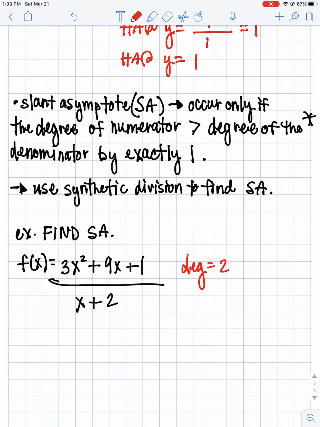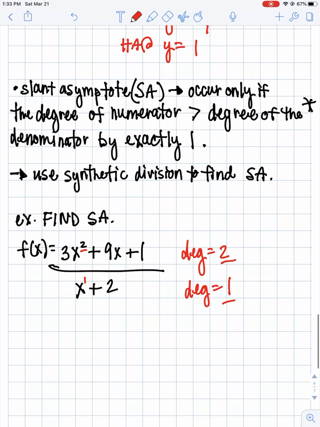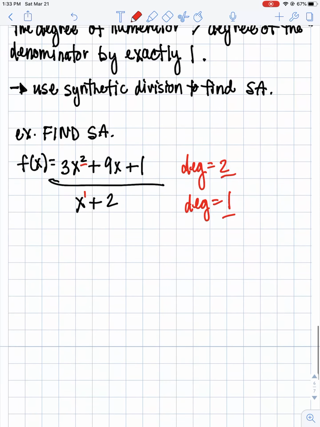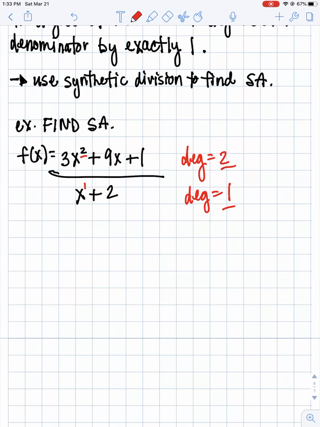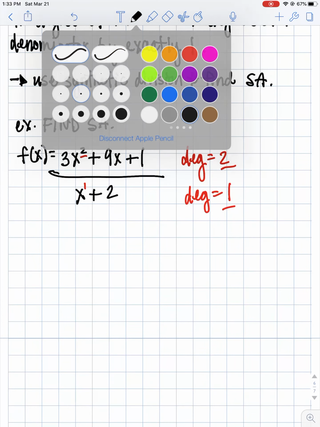So let's talk about the degree. The degree of the numerator is 2. The highest exponent is 2. The degree of the denominator is 1, because there's an imaginary 1 with that x. Okay, so yep, I'm bigger on top than I am on bottom by exactly 1, which means there is a slant asymptote. Okay, and so now we use synthetic division.